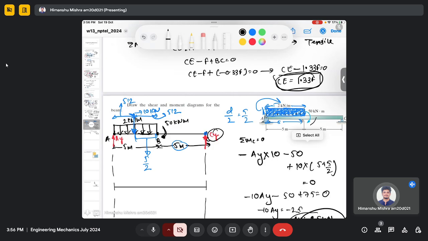Now we begin calculating the shear force and bending moment at various locations of this beam.